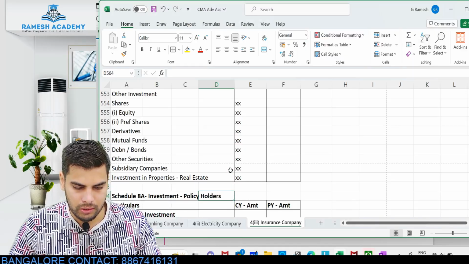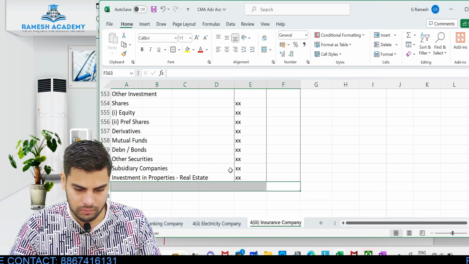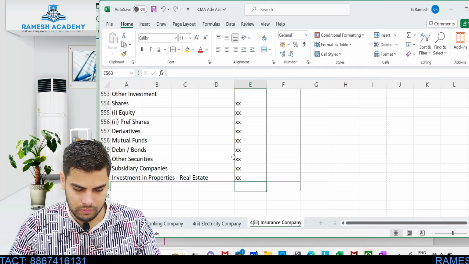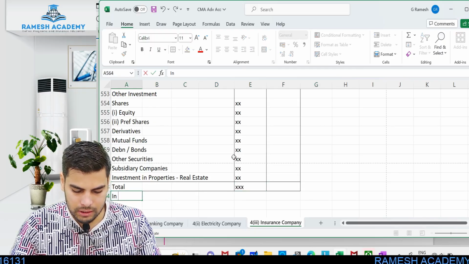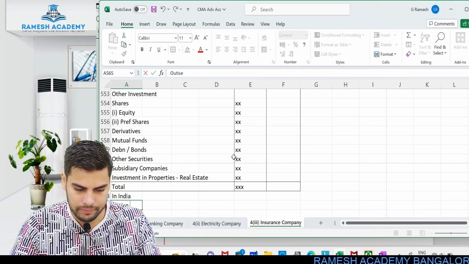So once you get the total, this would be your total. After this, you will have to just show the breakup of investment in India and outside India.